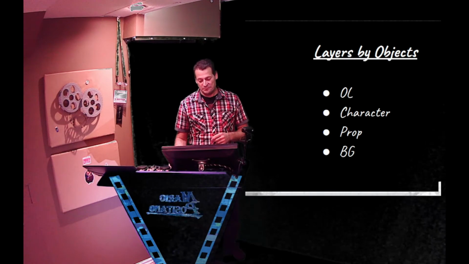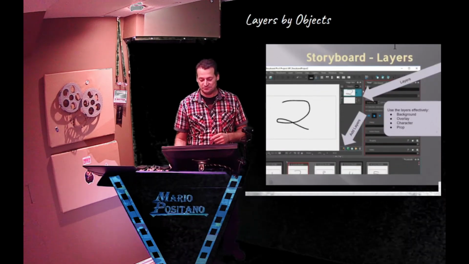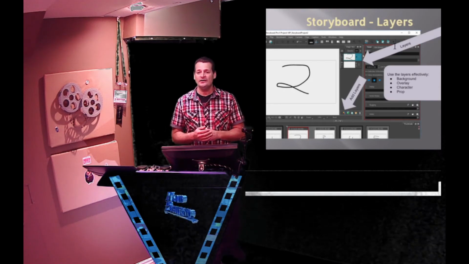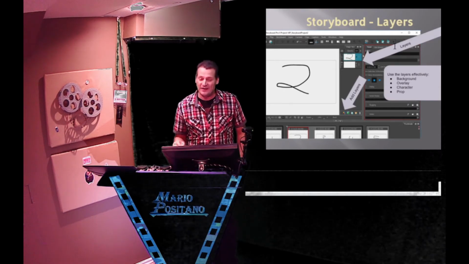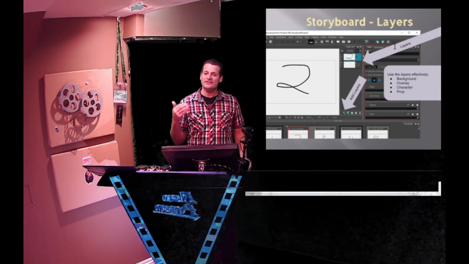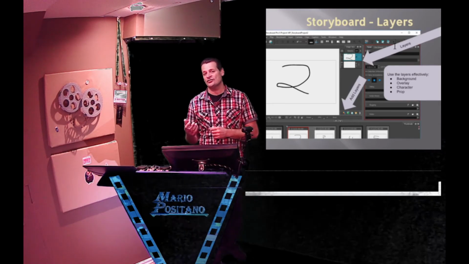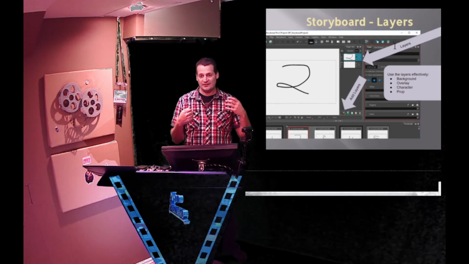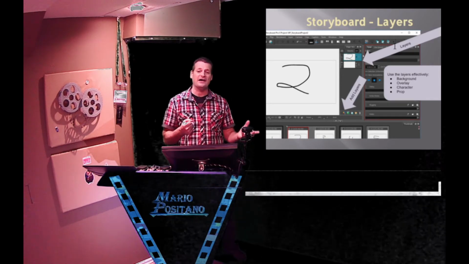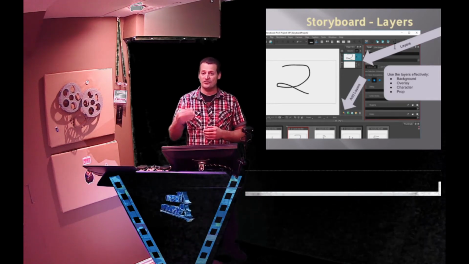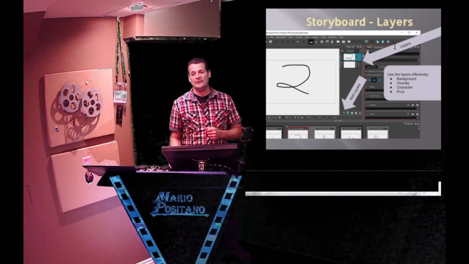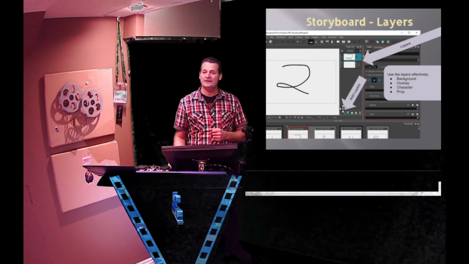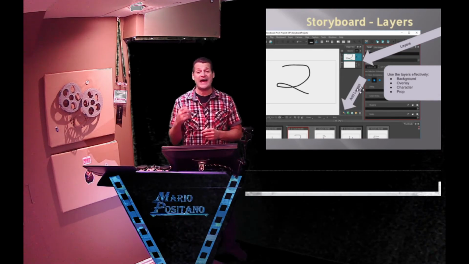Okay? So to do that, if you look in the top right hand corner, you'll see that there's layers up there, A and B. These are the layers that we're going to want to use to separate objects like character, prop, background, overlay, which is in front of the character. Okay? And there's a little add button in the bottom left to add another layer.